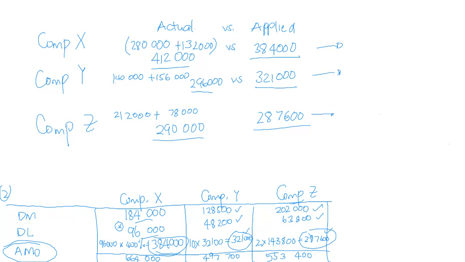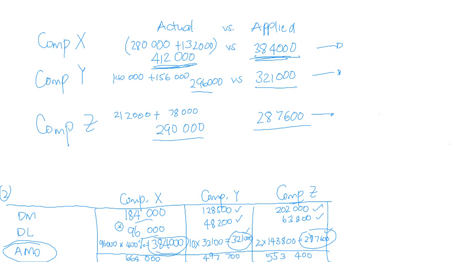Okay, so for company X, the actual was 412,000, the applied was 384. So is that an under or over application? That means we only allocated 384,000 Rand, but it actually ended up being 412,000. Under. It's under application because we allocated less than it ended up being. It ended up being 412,000, but we had only budgeted for it to be 384,000.